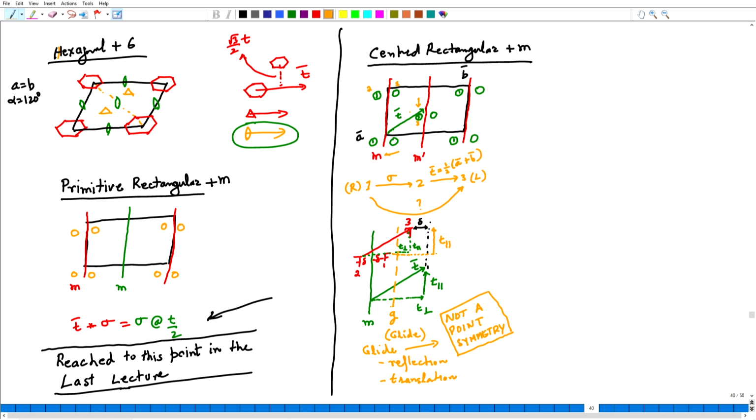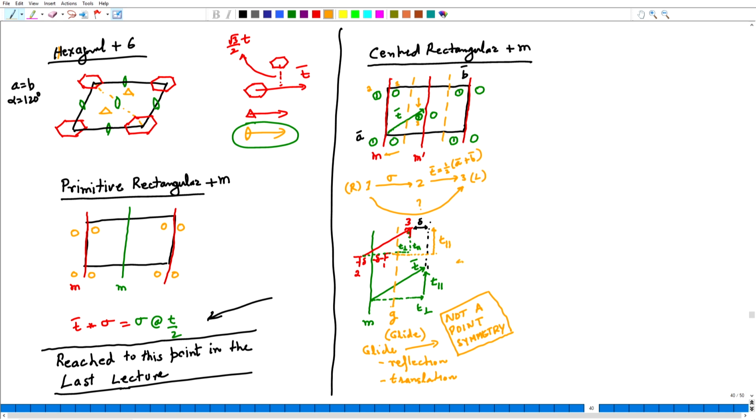So, therefore, the glide operation must come somewhere here. By symmetry, obviously, there would also be a glide at this point also. So, as far as the plane group is concerned, we have completed the construction, but there are a few more things.